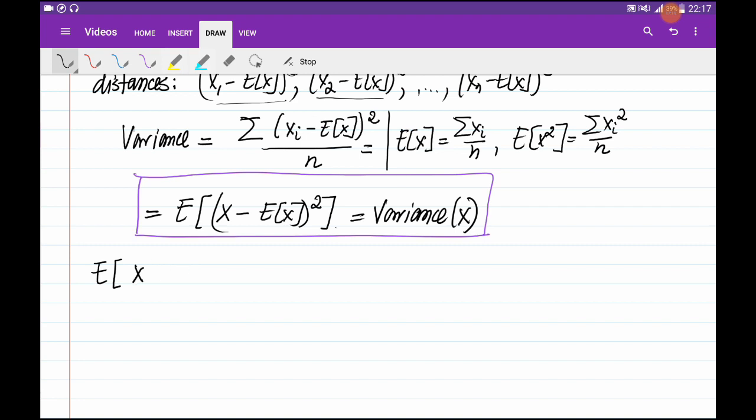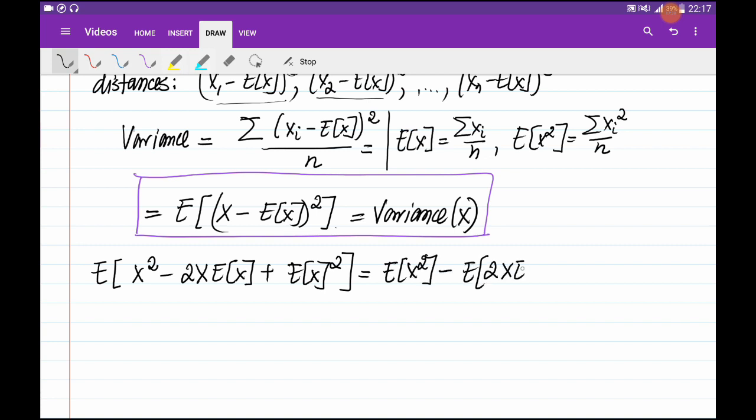This will be x squared minus 2x multiplied by E of x plus E of x squared. Since the expectation is nothing else than a sum, we can take the expectation of every single term separately. So we can write the expectation of x squared minus the expectation of 2x times the expectation of x, plus the expectation of x, squared.